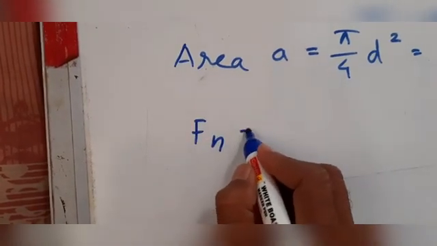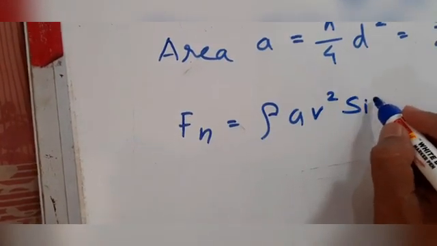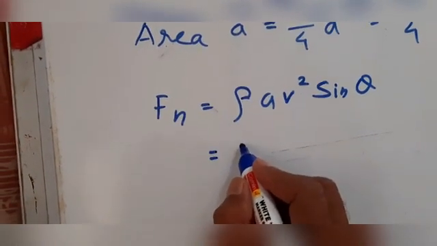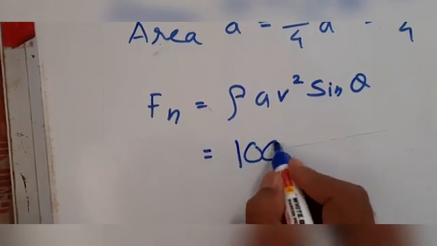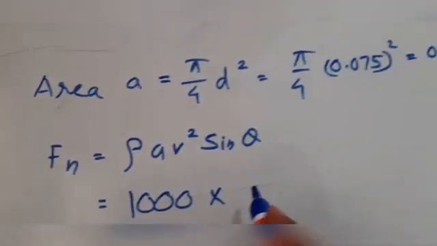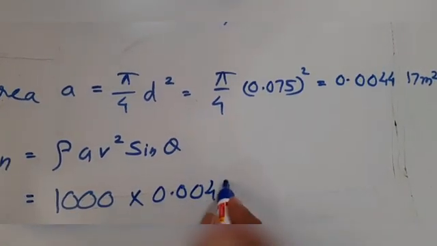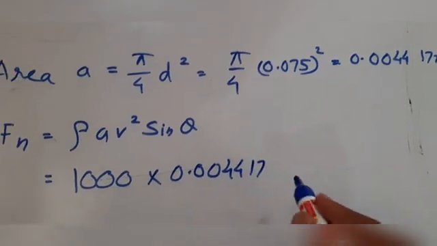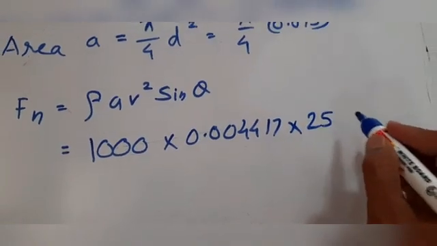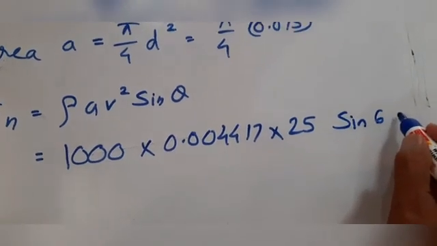Now we have to find Fn. Fn equals rho A V square sine theta. Now putting the values, as we know the value of rho is 1000 for water, and A we have calculated, that value comes 0.004417, and the value of V is given 25 meter per second, and the angle is sine 60.